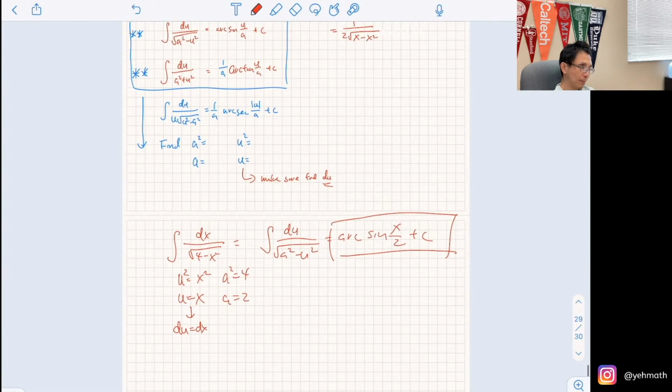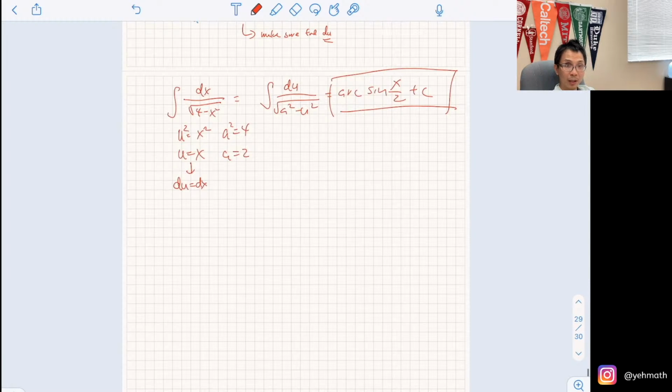Last one. This one's kind of hard. I don't think anybody is going to get it right. I'm hoping that some of you can prove me wrong, but so far nobody got it right. So I'm going to say integration of dx over 2 plus 9x squared. And they say, hey, can you tell me what's the integration of this?